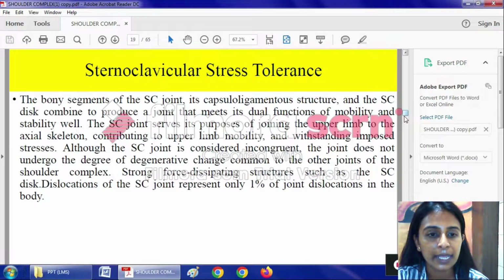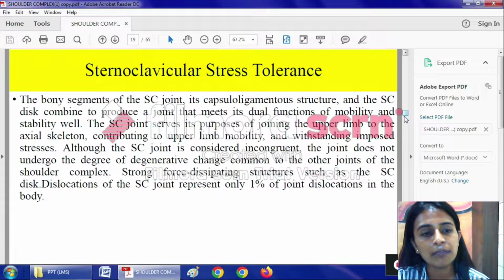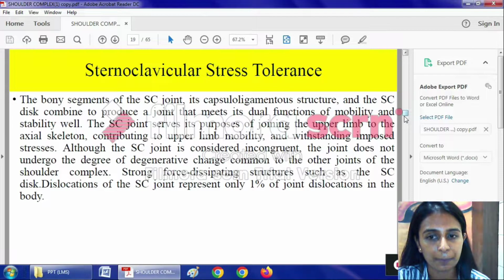Although the SC joint is considered incongruent, the joint does not undergo the degree of degenerative changes common to the other joints of the shoulder complex, thanks to strong force-dissipating structures such as the sternoclavicular disc. Dislocation of the SC joint represents only 1 percent of joint dislocations in the body.